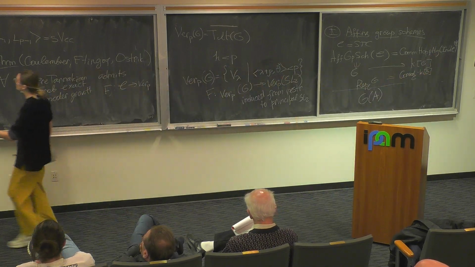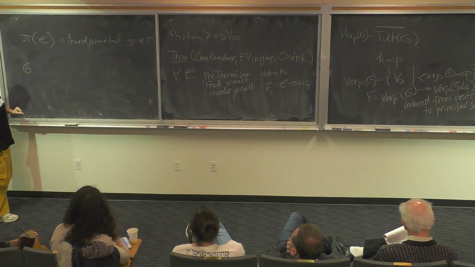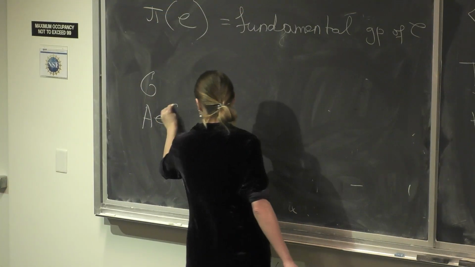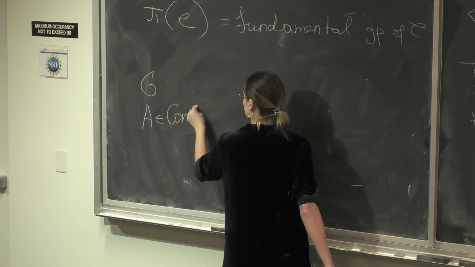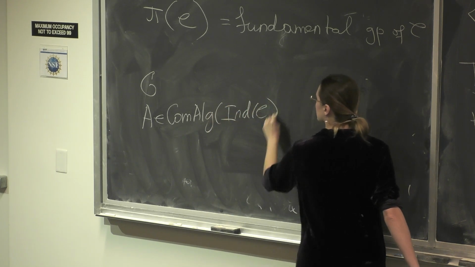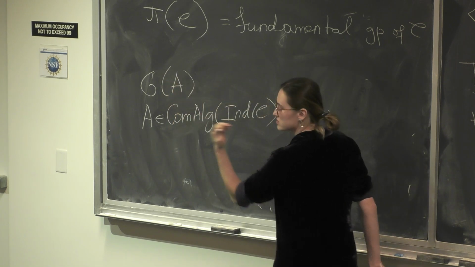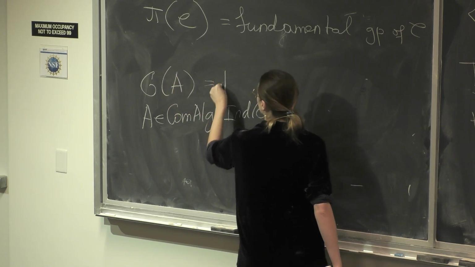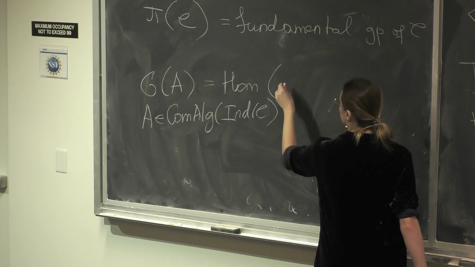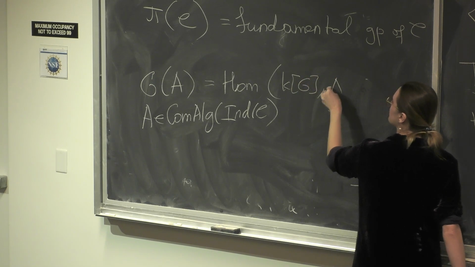So if we start with any group scheme G and any commutative algebra A in the ind-completion of C, then we can define the functor of points on G. It's just homomorphisms of commutative algebras from K of G to A, right?